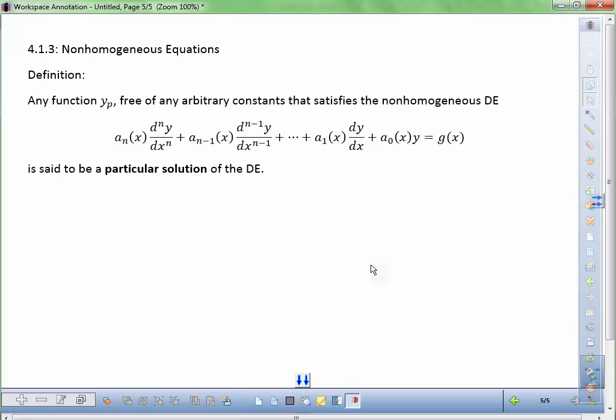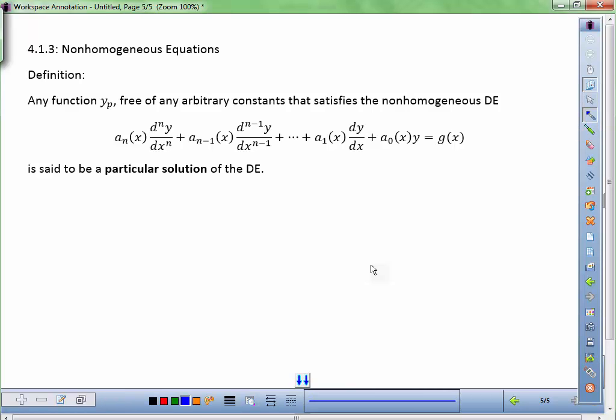So here's our first definition here. Any function yp that doesn't have any arbitrary constants is called a particular solution to a non-homogeneous differential equation. So if we have that, again, we're still dealing with higher order, but still linear.